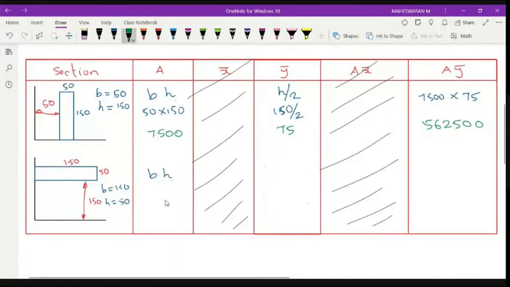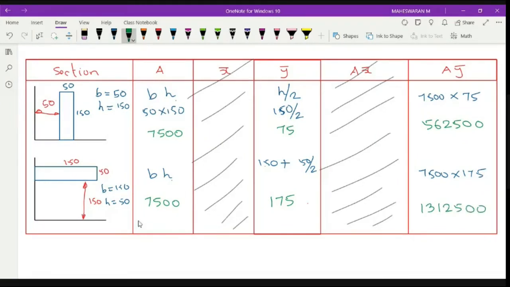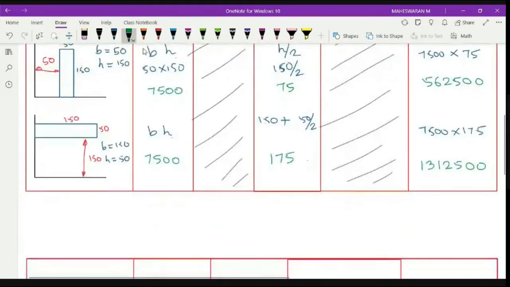So I will write down the value, which is 7500. Right? Y bar. So y bar is 150, your offset distance, plus 50 by 2, 175. So multiply these two. So identify what is your 7500 into 175. What is the value for A into Y bar? 13,125,000. Yeah, good.